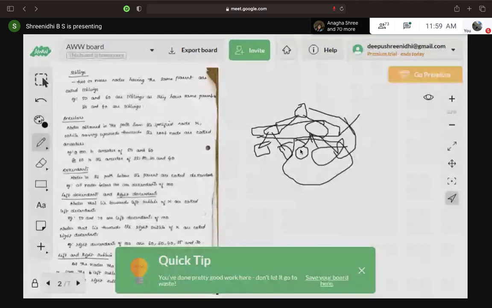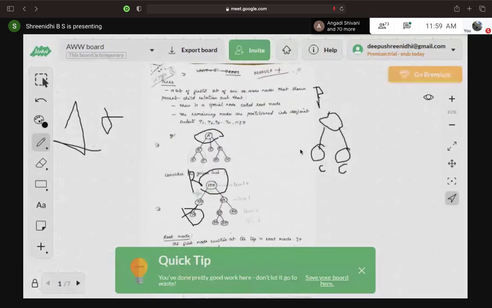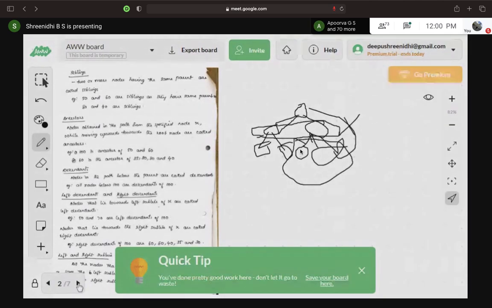You can see that 60 will act as an ancestor for this complete set of nodes. 100 acts as an ancestor for 50 and 60, right? 60 will act as ancestor for this complete subtree. So this is how the ancestor tree is created, right?